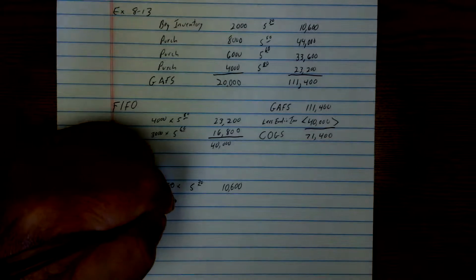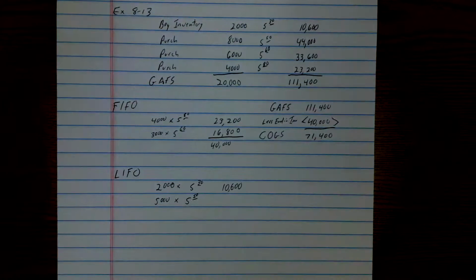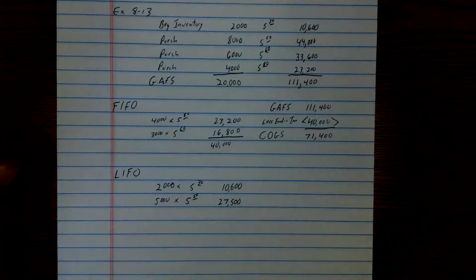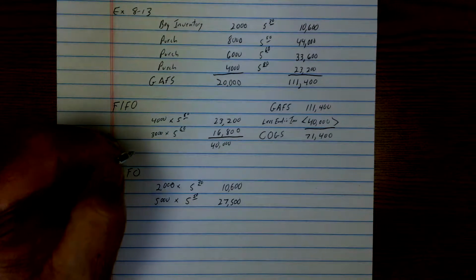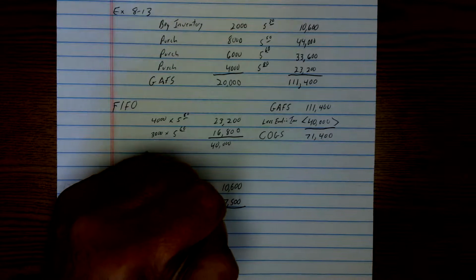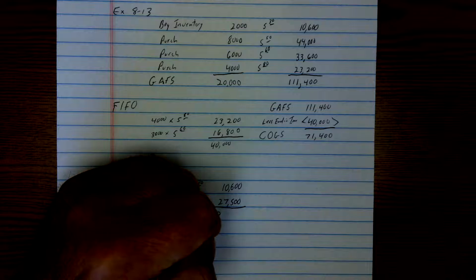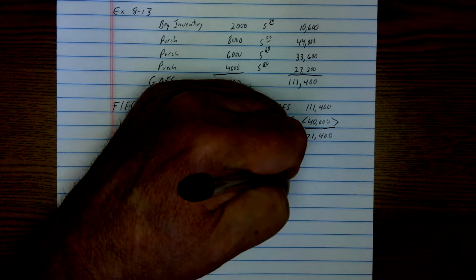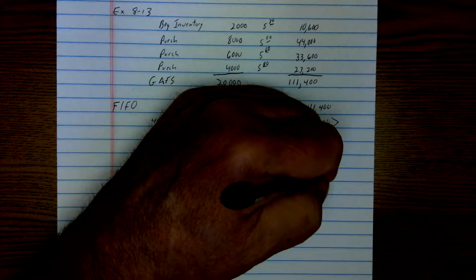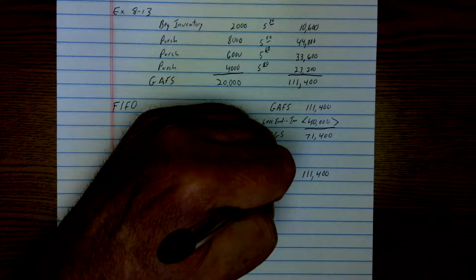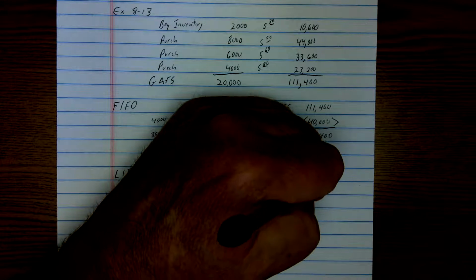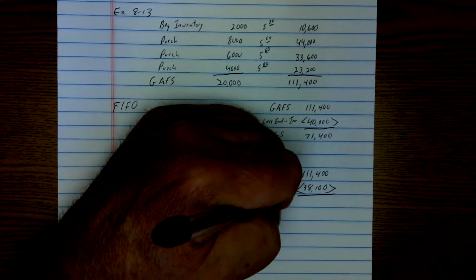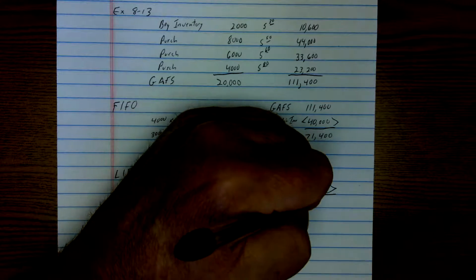So 5,000 times $5.50 is $27,500. That adds up to our 7,000 remaining. Add those together, and that will be $38,100. Then we take our goods available for sale, the same $111,400, subtract off our ending inventory, $38,100. That will give us cost of goods sold of $73,300.